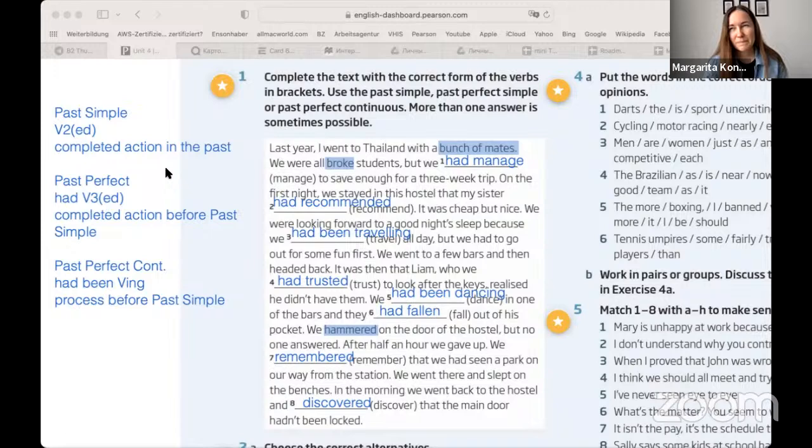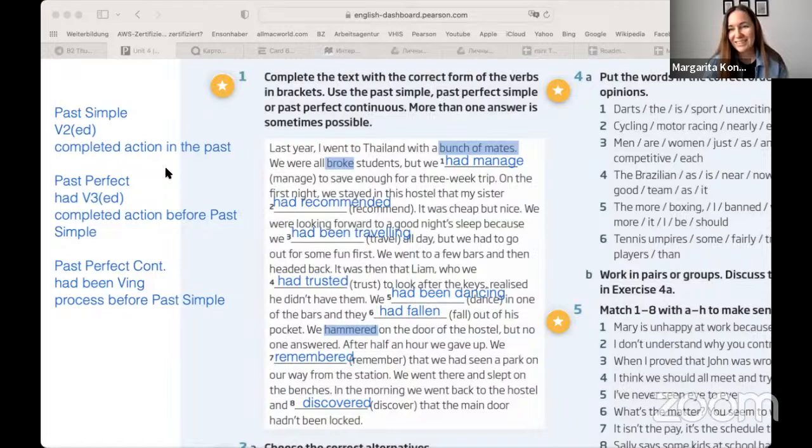And then he found a bunch of mates in the lobbies, and they had been playing a game named Mafia.